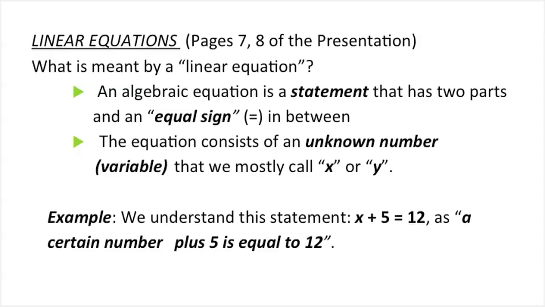Now, linear equations. A linear equation has an equal sign between two expressions. So you will get the equation and you will have to solve the value of the unknown given. Linear equations have only one unknown.